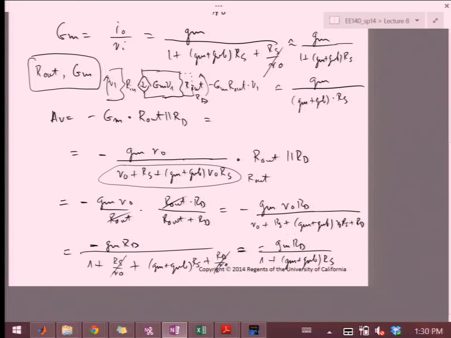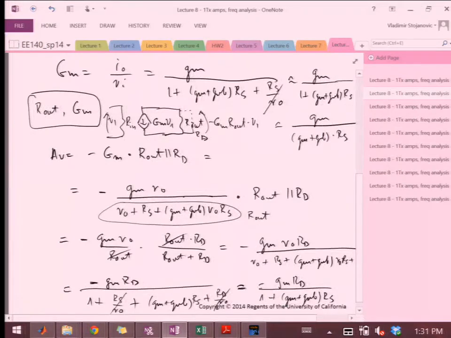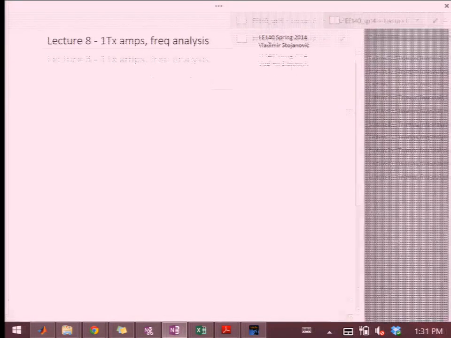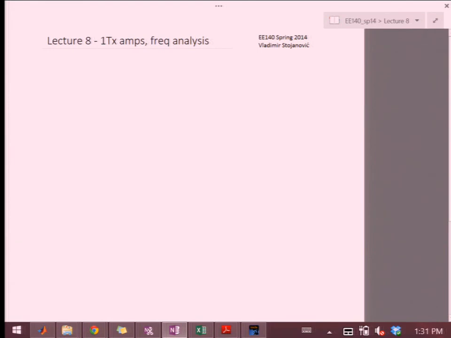And the idea is that there's some intuition that you can build about these expressions rather than staring at this original one and going, what do I do with all these components? So before we go into actually doing the multi-stage, like a cascode, let me summarize a little bit this inspection analysis and what it's all about.